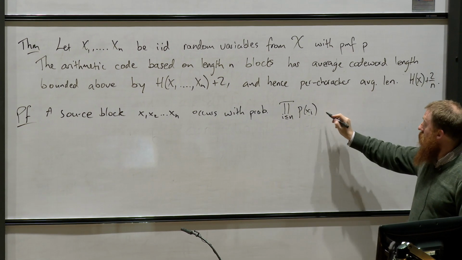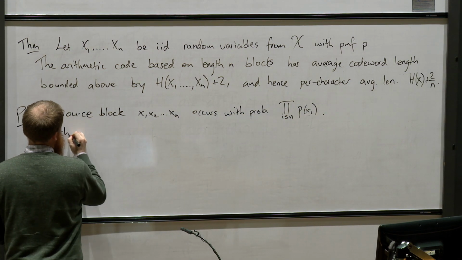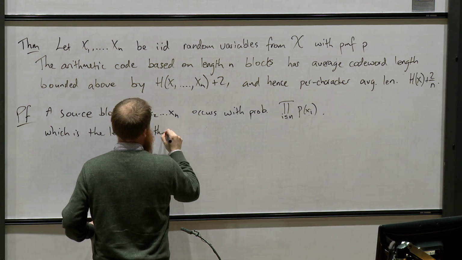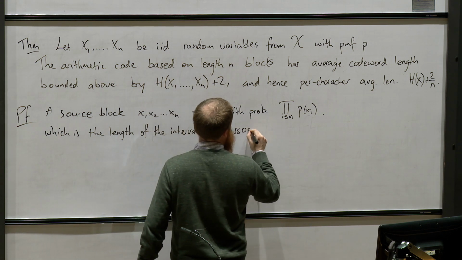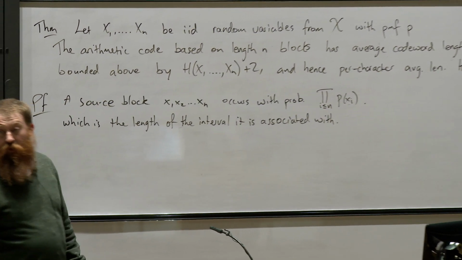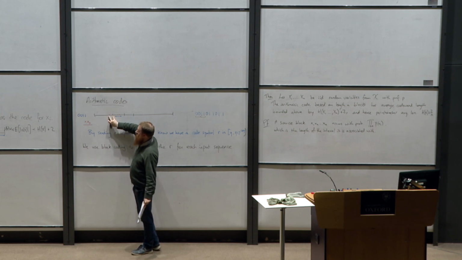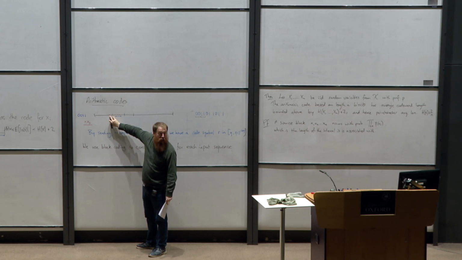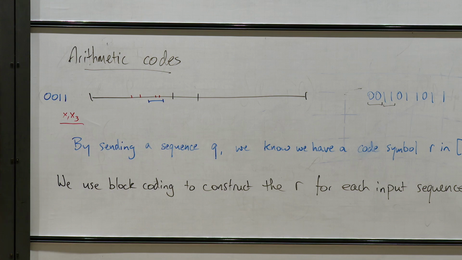So that's just independence, which is the length of the interval it is associated with. Every time I multiply, when I multiply out to get the length of this shorter interval, it's just the probability of the first block times the probability of the second block gives me the length here.